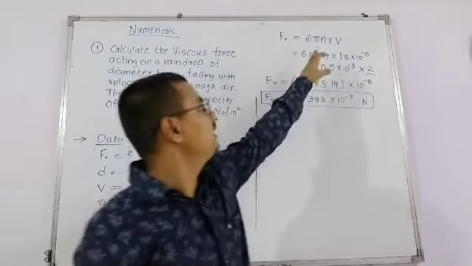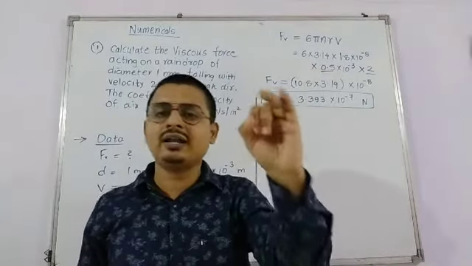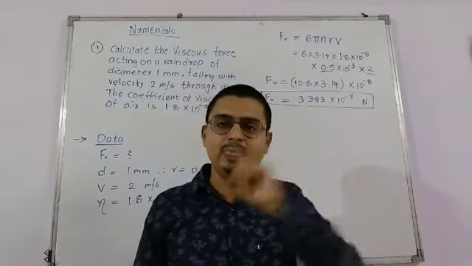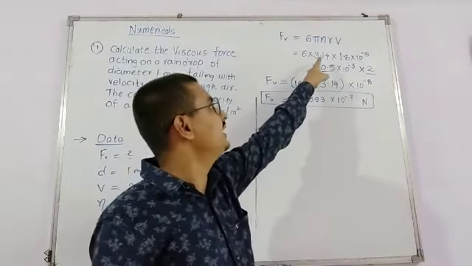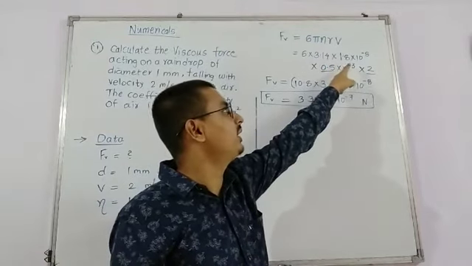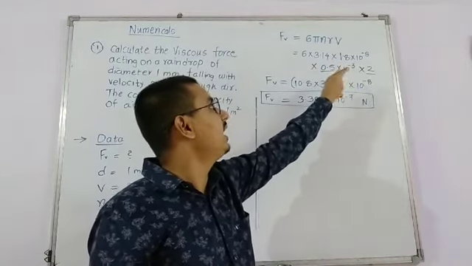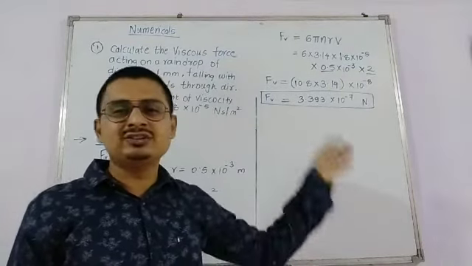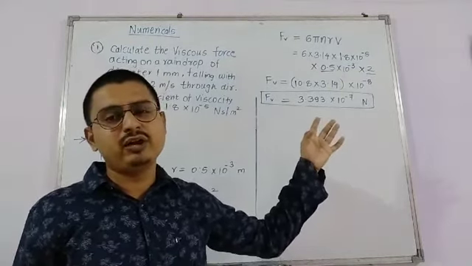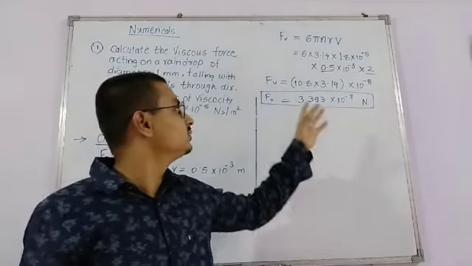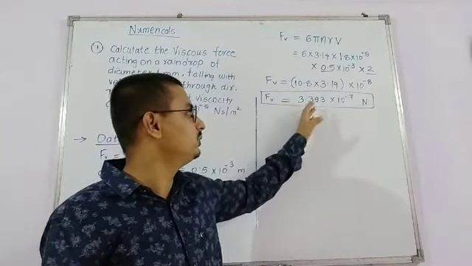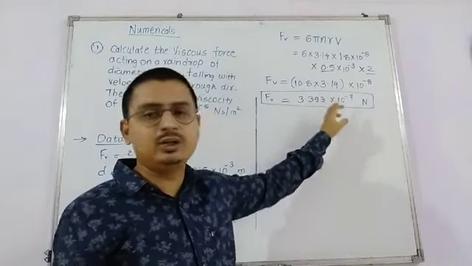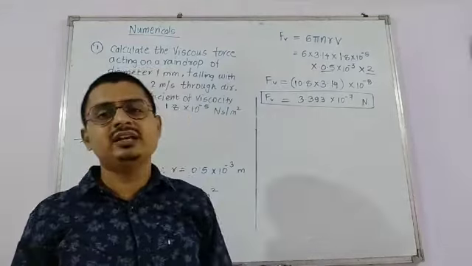That's why Fv, which is directly proportional to R and V, is equal to 6 pi eta R V. So यहाँ पे 6 into 3.14 into 1.8 into 10 power minus 5 into 0.5 into 10 power minus 3 into 2. So it is only the multiplication we have to do here. So we get frictional force equal to viscous force equal to 3.393 into 10 power minus 7 Newton.